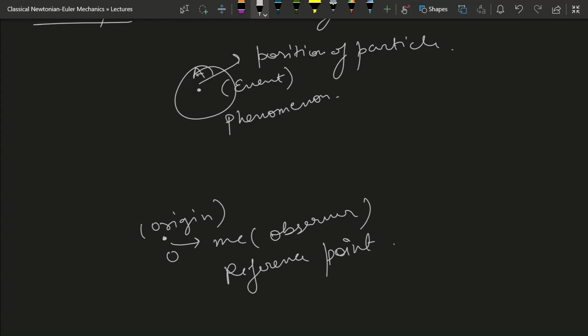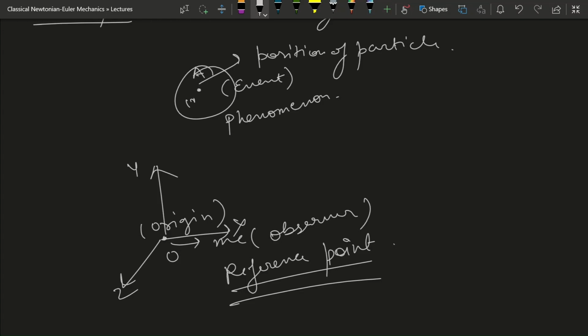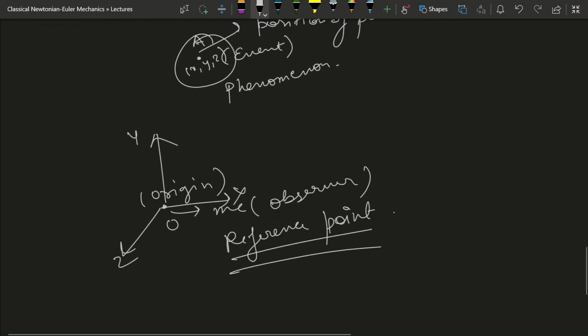Okay. This is the reference point, and I can imagine a coordinate system through which I can assign coordinates to it. Okay. And one assumption I made here is that I am at the origin.